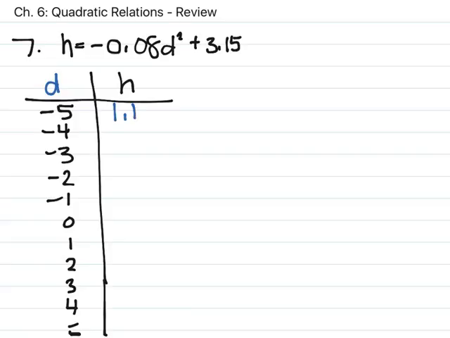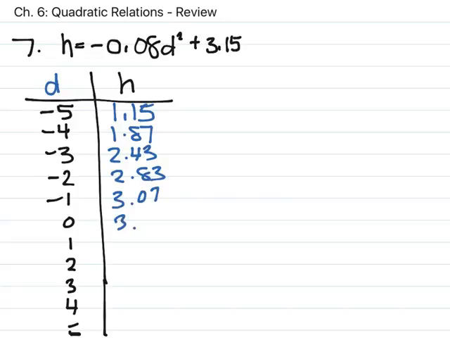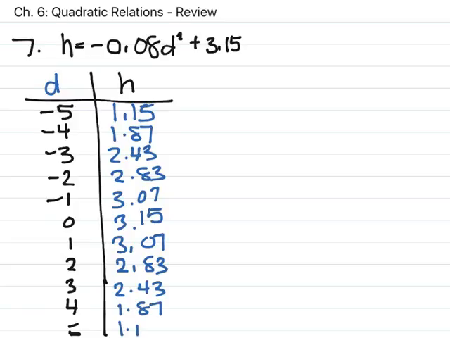So you get 1.15, 1.87, 2.43, 2.83, 3.07, 3.15, 3.07, 2.83, 2.43, 1.87, and 1.15. So that's what A gets you.